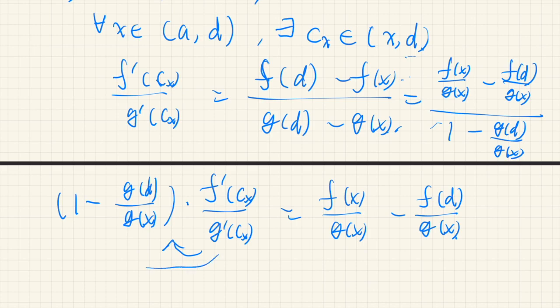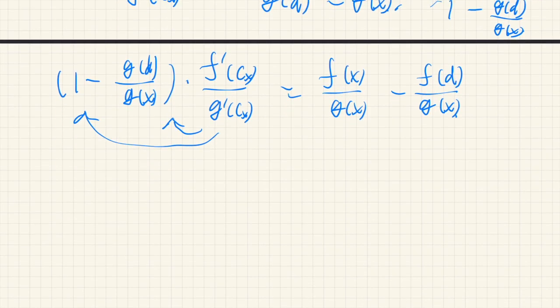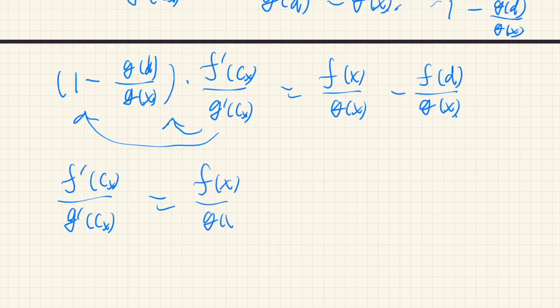Let's expand this, and we have f prime cx over g prime of cx equals f of x over g of x, and this times this moves to the right hand side, and let's factorize a little bit.